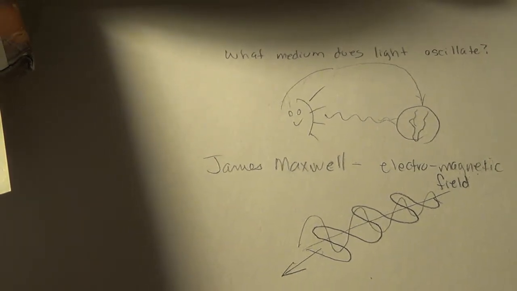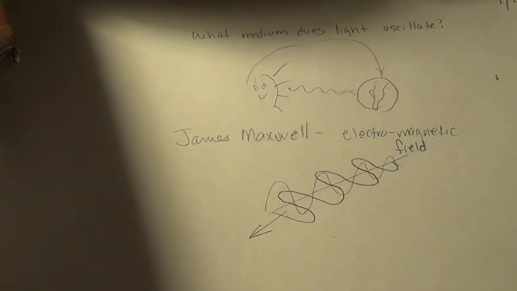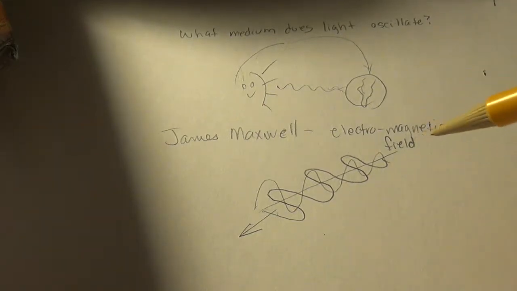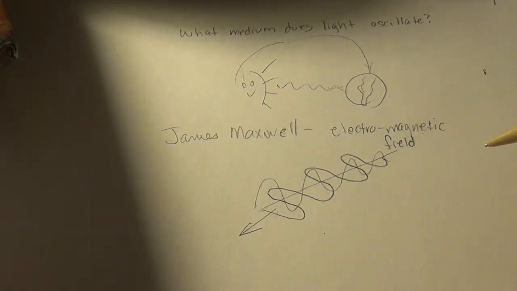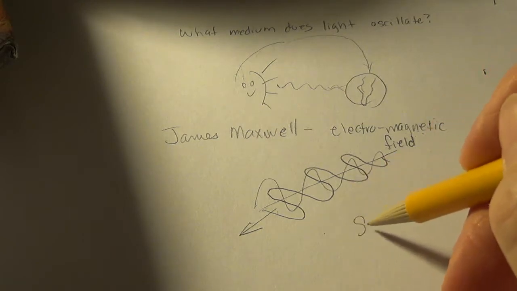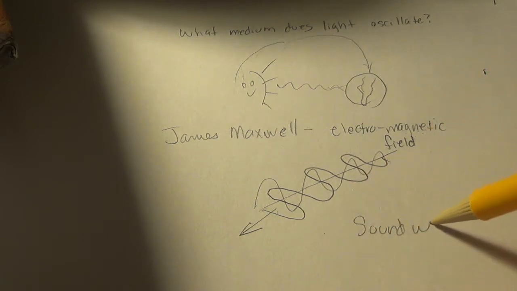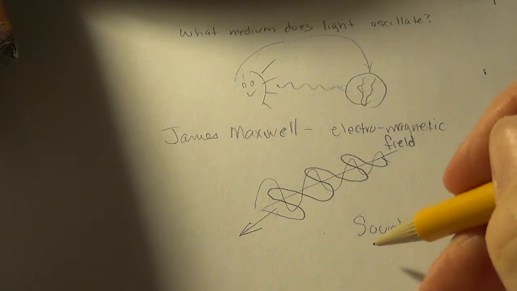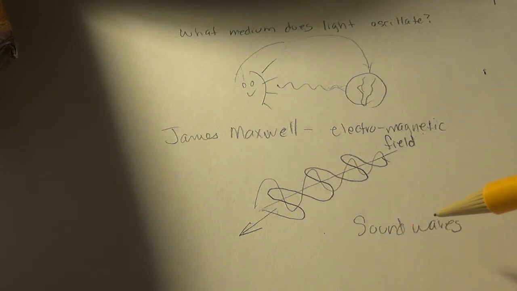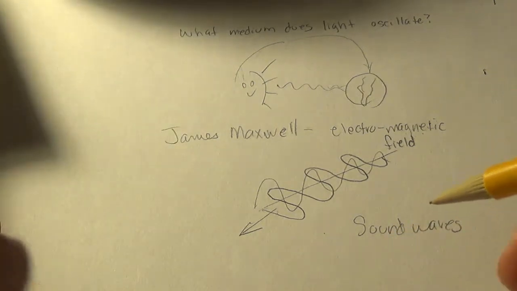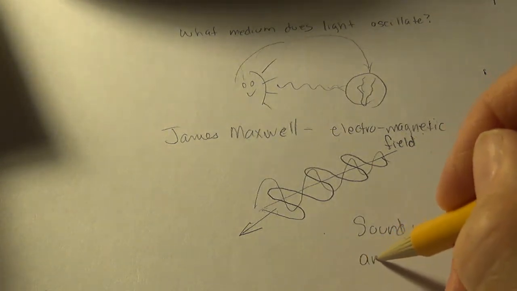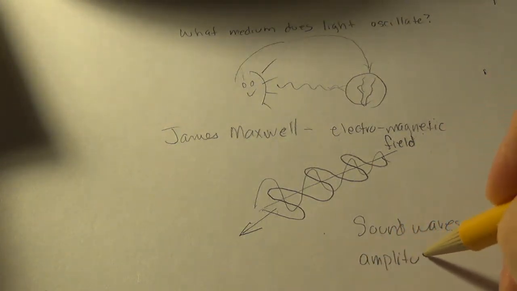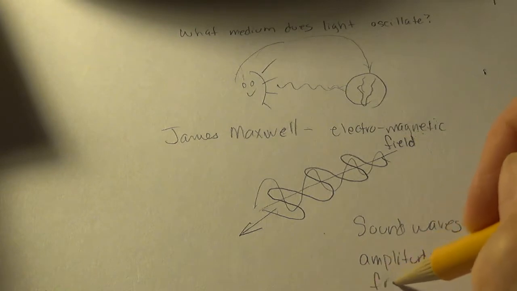So it's doubly cool. All right, so we have that accepted idea that there really is a substance that light is oscillating. Let's look also at sound waves. If you recall when we were talking about sound waves, you don't have to write this because you already have it, but just reviewing, sound waves have amplitude and they have frequency.